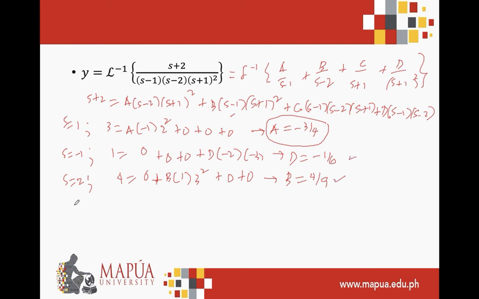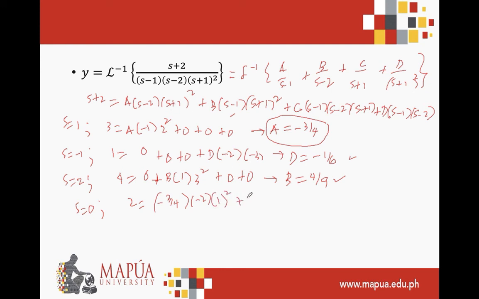And then to solve for the third constant, you may assign s to be 0. So you have 2 here. This is the most convenient value, no? Your a is negative 3 over 4, so negative 2, 1. Okay, s is 0.